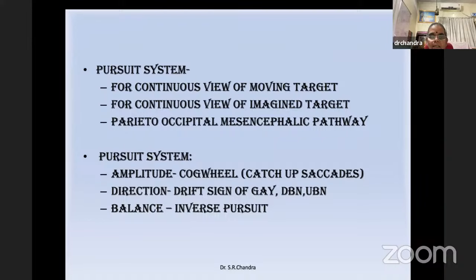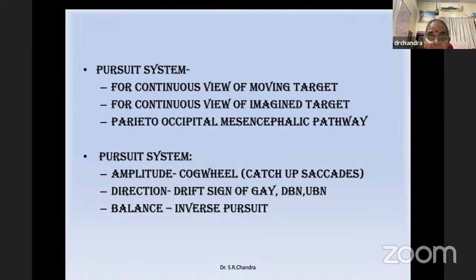And direction, I said that the medium head burst neuron decides the direction of the saccade. So if the direction is abnormal between both sides, you get different kinds of nystagmus. One is the drift sign of Gay. When there is a frontal lobe disease, the frontal lobe pathway reaching the medium head burst neuron in the brainstem is defective.